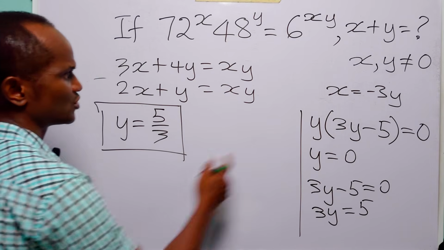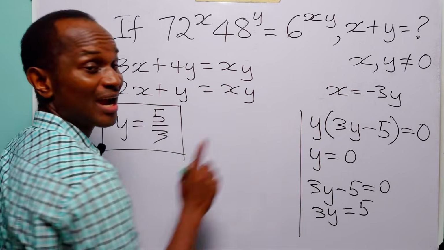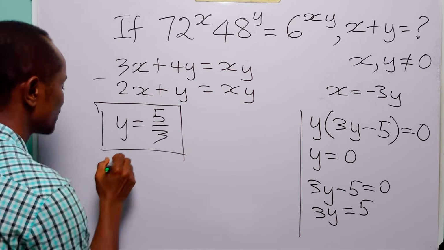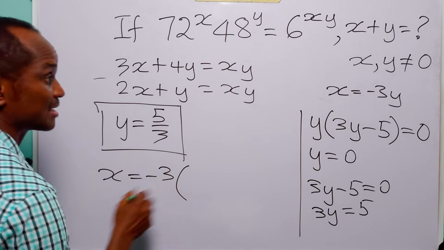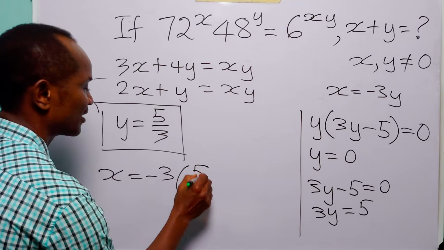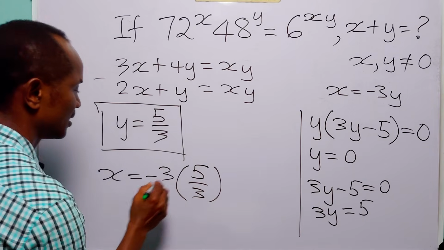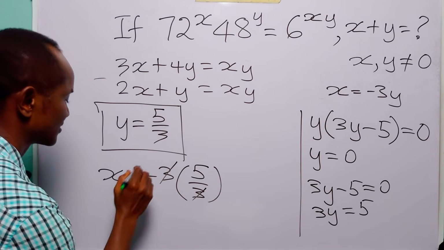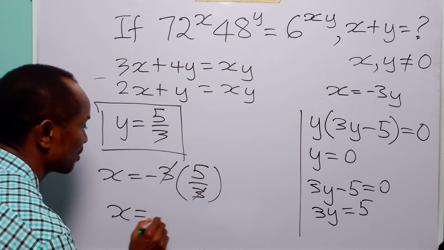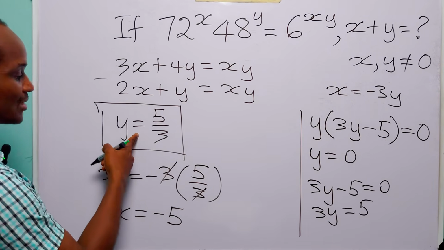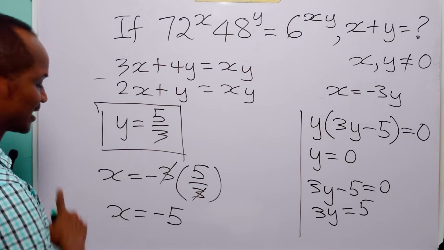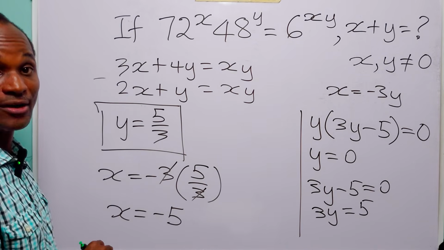Now what we are going to do is to go back to this equation to find the value of x. So we have that x is equal to minus 3 times y, and y is 5 over 3. This is going to cancel that to give us that x is equal to minus 5. So now we have found that y is equal to 5 over 3 and x is equal to minus 5.